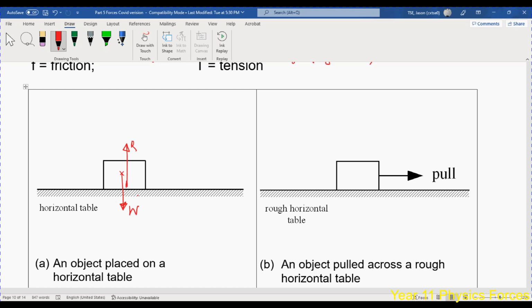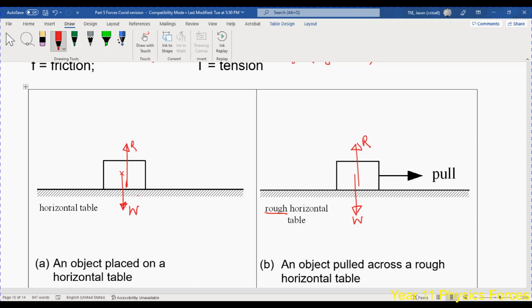Next, an object pulled across a rough horizontal table, so it's rough, and it's pulled across, so it's moving. It must have weight, it always has its weight. Because of the weight it's pressing against the surface, so then you have normal reaction.